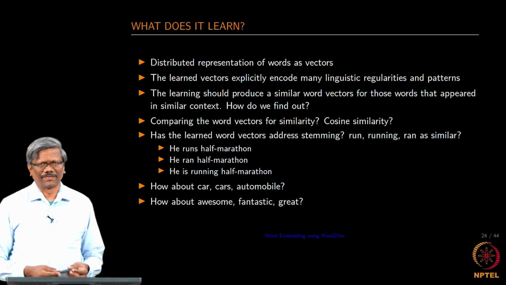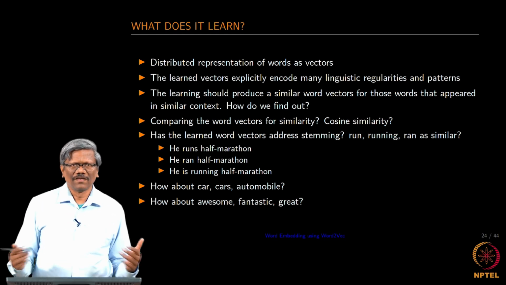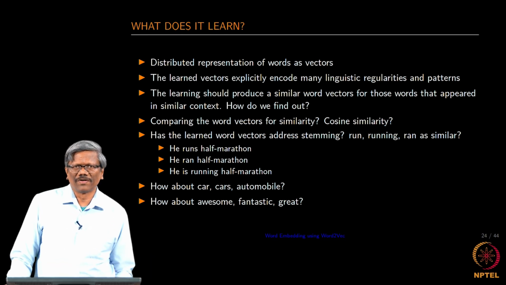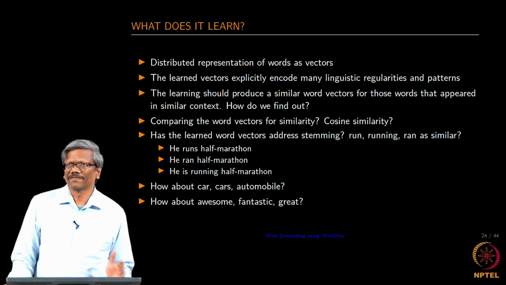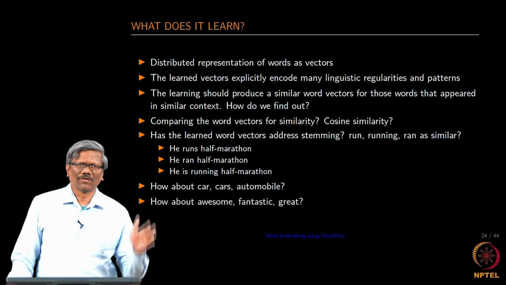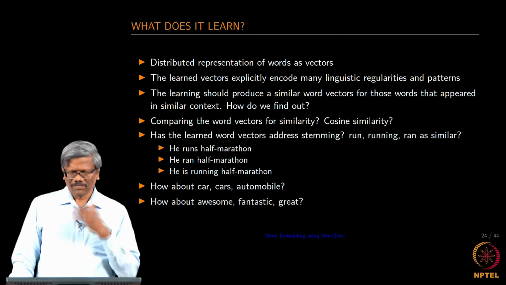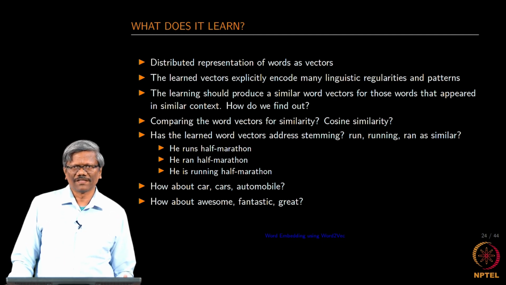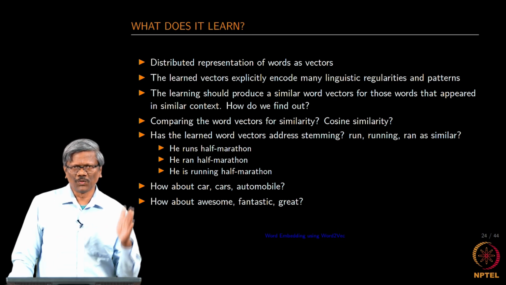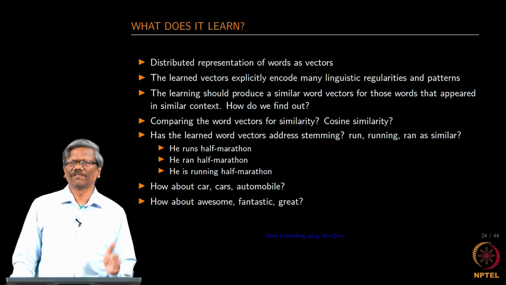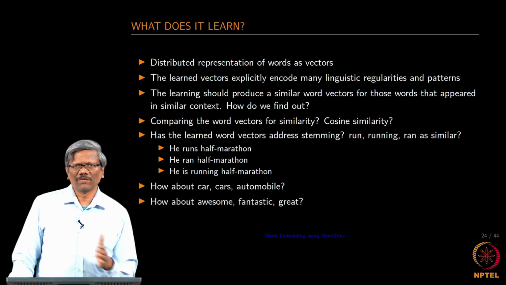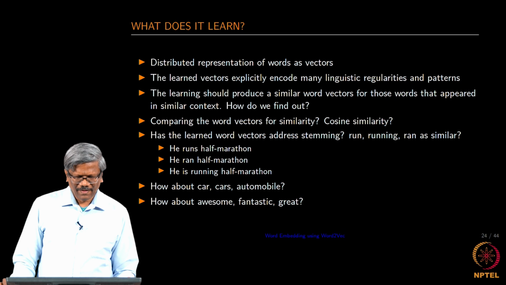So, what does it learn? Like in the previous case, it learns the distributed representation of words as a vector. Okay. So, once you have processed all the input combinations and you have provided the input and trained the network, you will have the distributed representation of every word in the vocabulary, right.